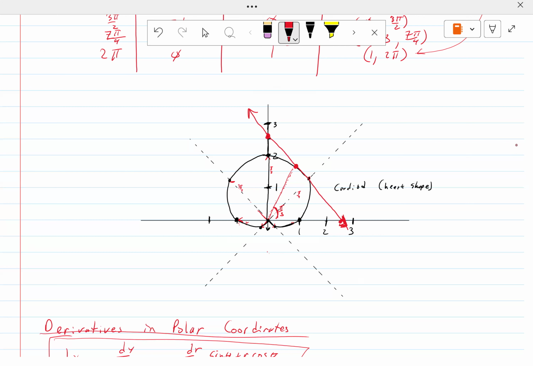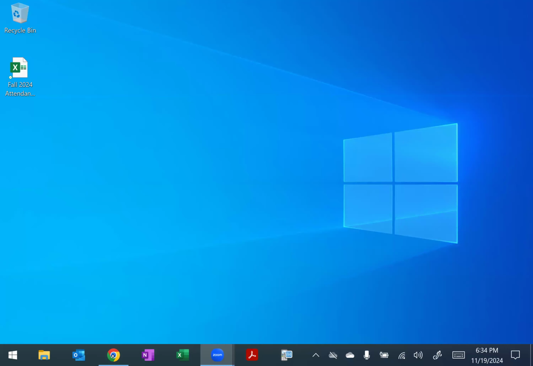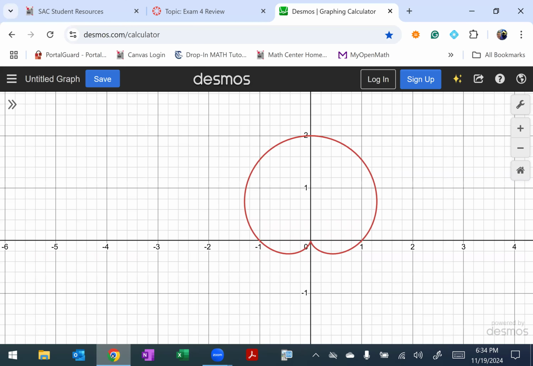If we were to look at this on Desmos, let me bring Desmos back up.